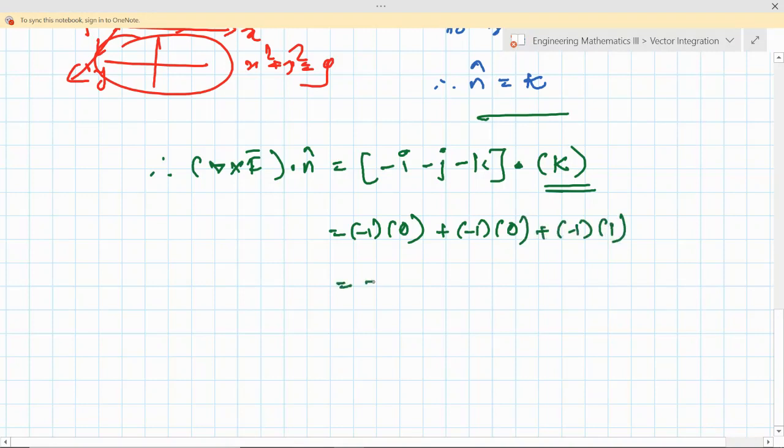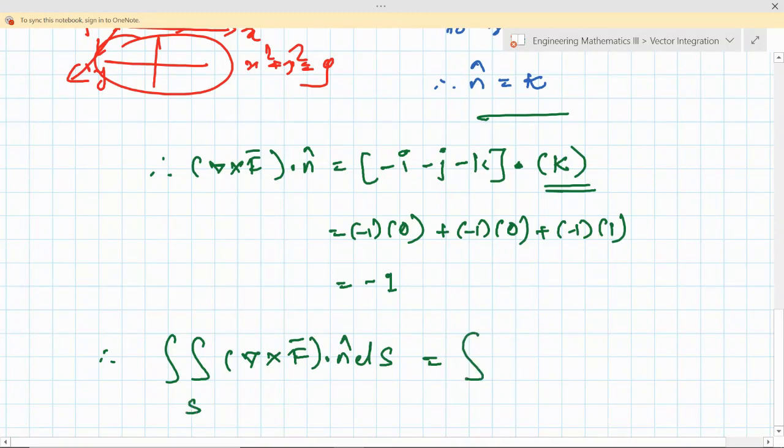And the answer is minus 1. This is del cross f bar dot n cap, the normal component of del cross f bar. And therefore the surface integral of del cross f bar dot n cap ds over S is equal to minus 1 times ds.